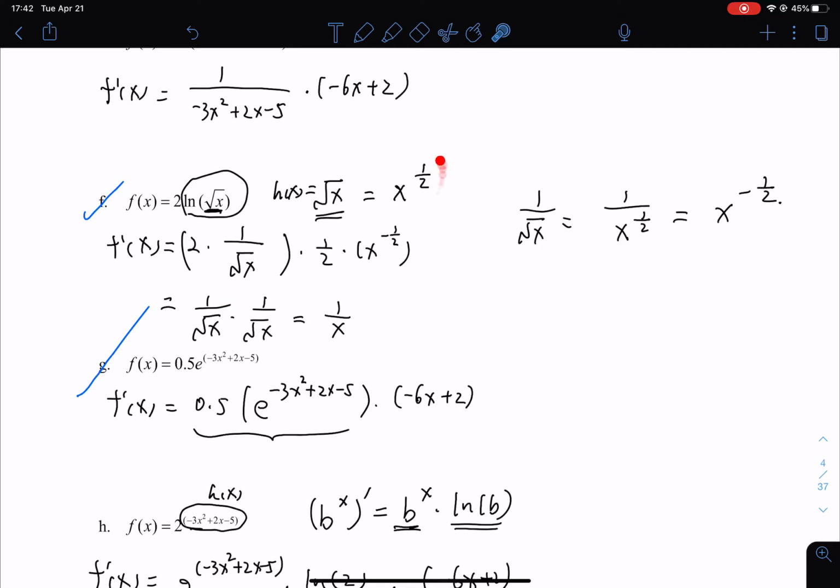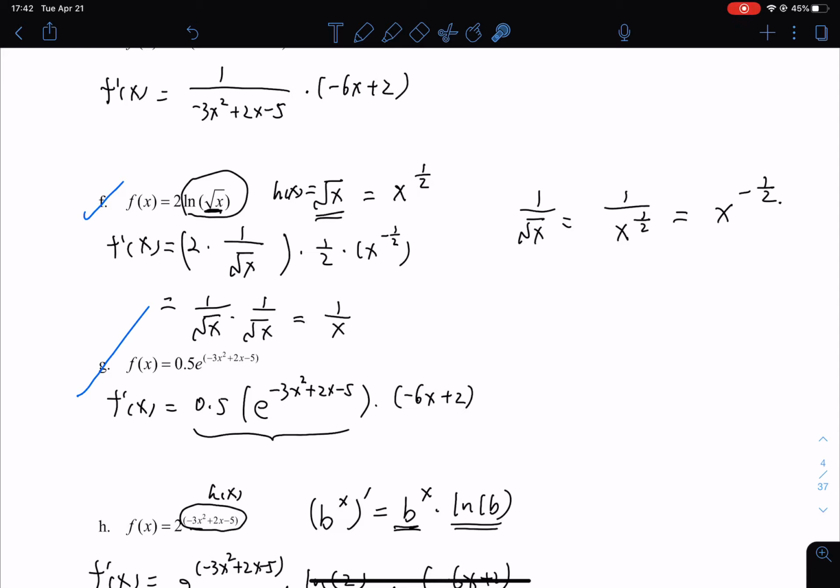The derivative of the inside function is 1/2 multiplied by x to the 1/2 minus 1, which is x to the minus 1/2 power. Then the outside function is 2 natural log of something, so it's just 2 multiplied by 1 over square root of x. Then we can cancel this one. It's just 1, and x to the minus 1/2 is just 1 over square root of x. So we got 1 over x.